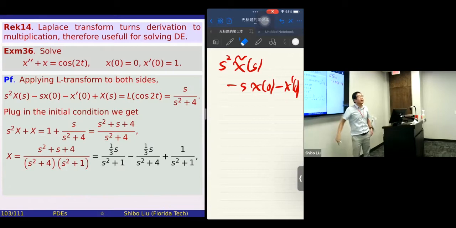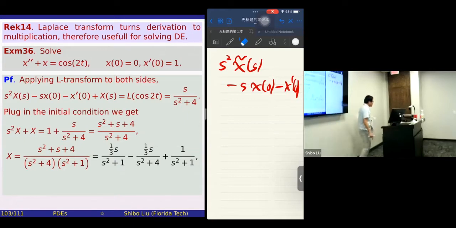This is very similar to when we take the indefinite integral of a fractional function in calculus 1. So we decompose into these three functions. Then for each of these functions we know the inverse Laplace transform. Then we apply the inverse transform.